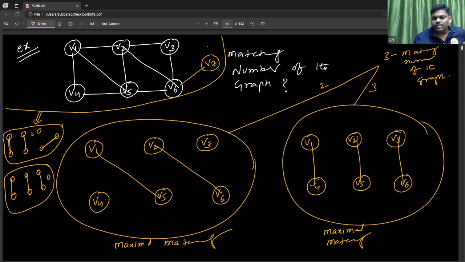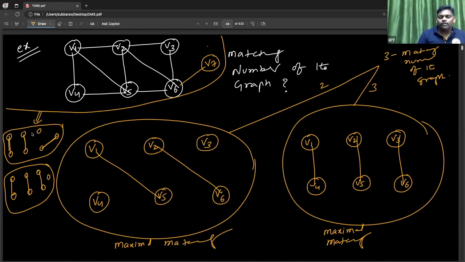I think Sayan asked me a few minutes back about the matching number of the graph, whether to go for a perfect matching. Sayan bhaiya, for every problem, perfect matching is not possible.